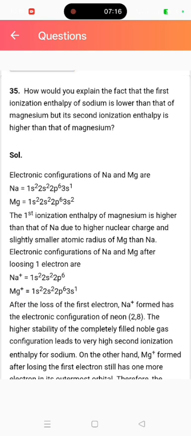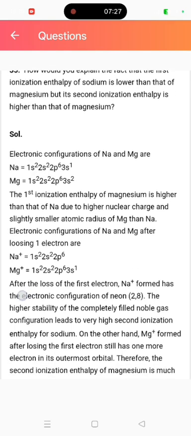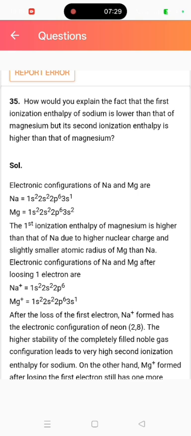How could you explain the fact that the first ionization enthalpy of sodium is lower than that of magnesium, but its second ionization enthalpy is higher than that of magnesium? Electronic configuration of sodium is 1s2 2s2 2p6 3s1, and magnesium is 1s2 2s2 2p6 3s2.